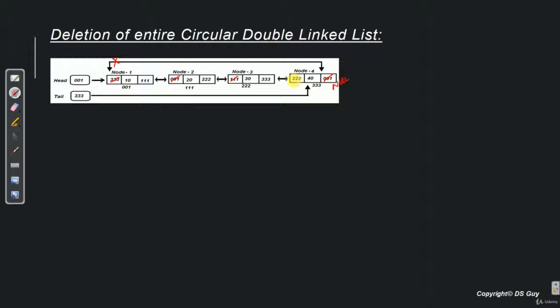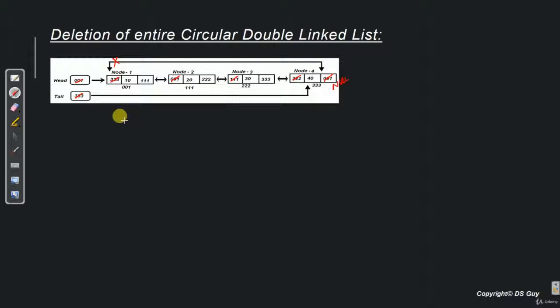In node 4 the previous reference is 222. So all of this needs to be made as null. Now once this is done, all that we have to do is make head as null and tail as null. So doing this will make sure that the linked list gets eligible for garbage collection and system deletes it.